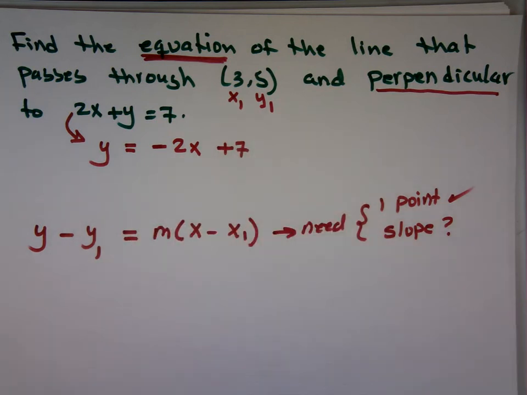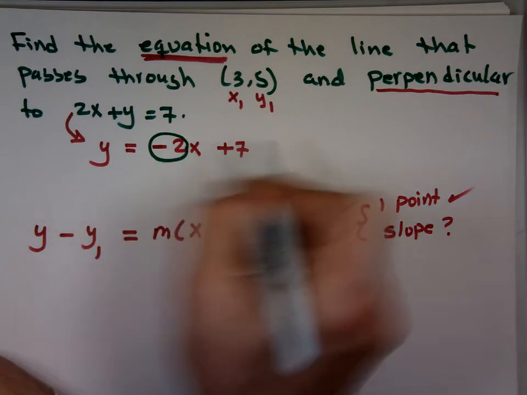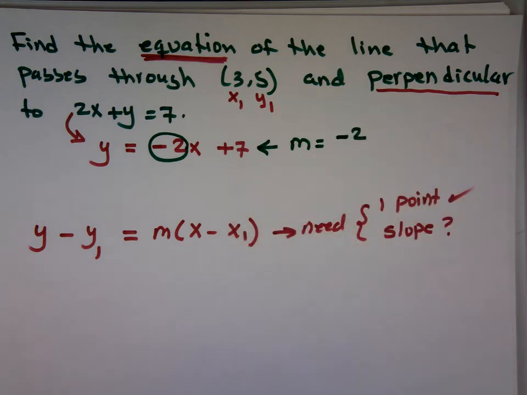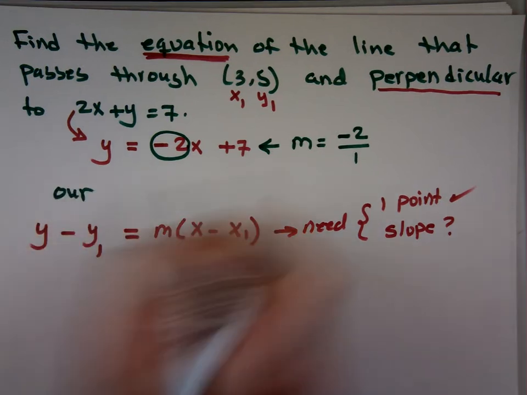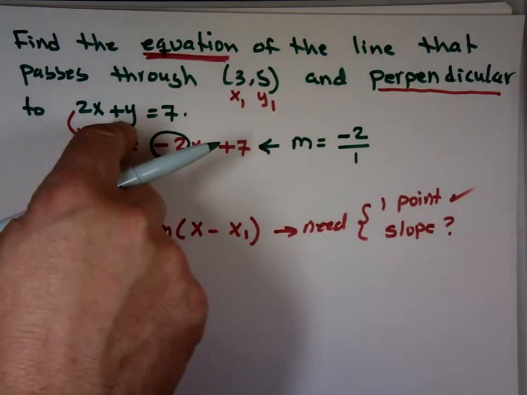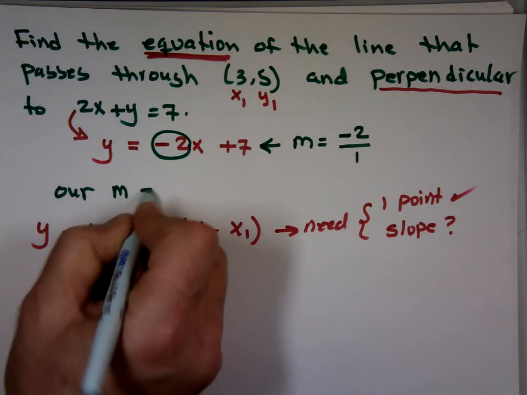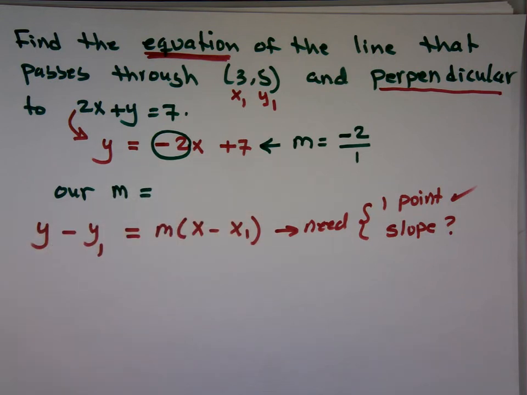The slope of this line is negative 2, or negative 2 over 1 if you want to. But that's not our slope. Our line is not this one. It's perpendicular to this one, which means our slope is going to be what? 2. If they were parallel, it would be negative 2.